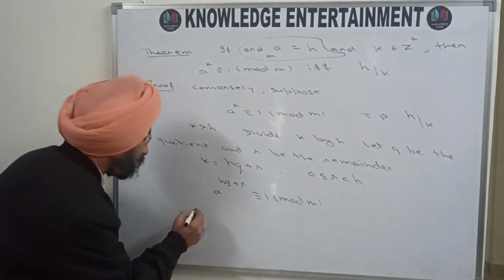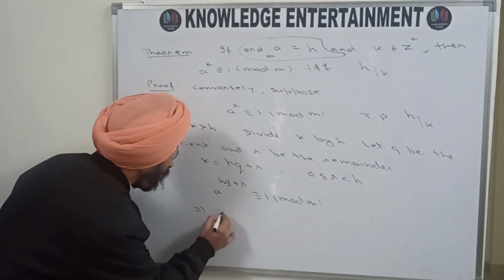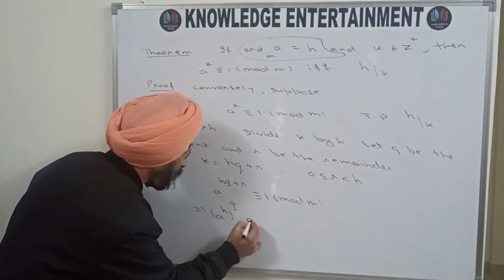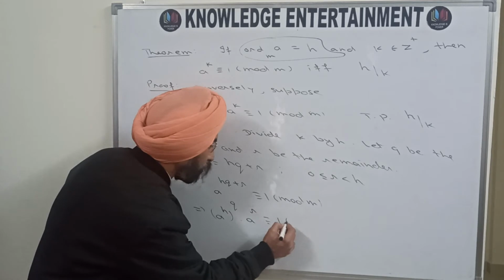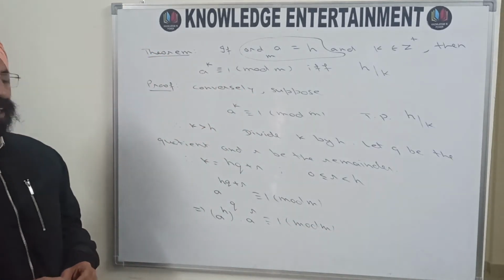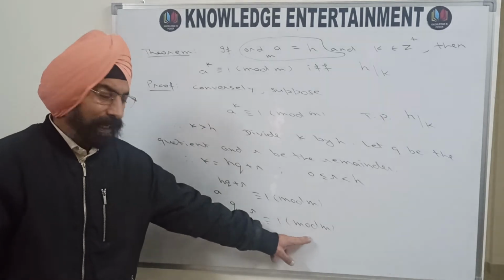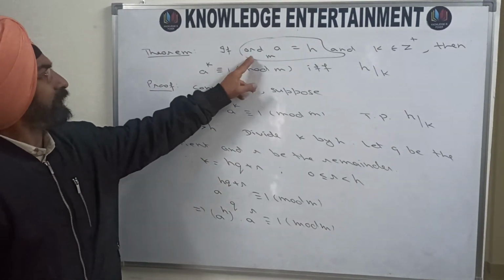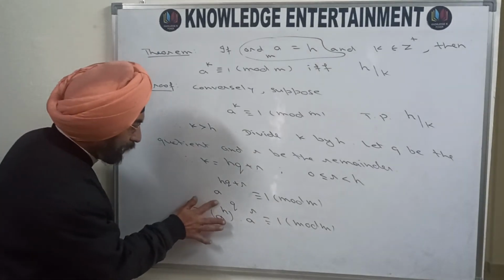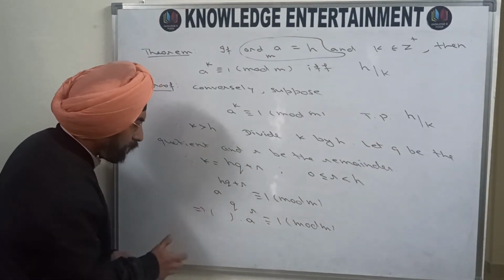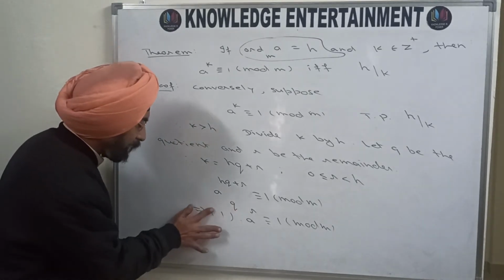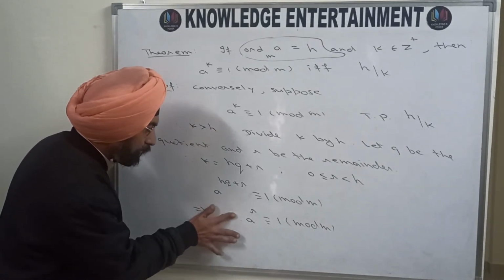Breaking the powers, you can write a raised to the power h, whole power q, into a raised to the power r, is congruent to 1 modulo m. Since we are talking about modulo m, and we know that a raised to the power h is congruent to 1 modulo m, this a power h can be replaced by 1. And 1 raised to any power is 1, so this can be removed.